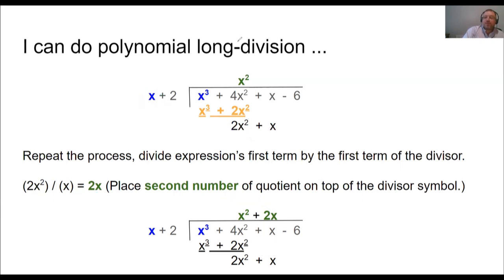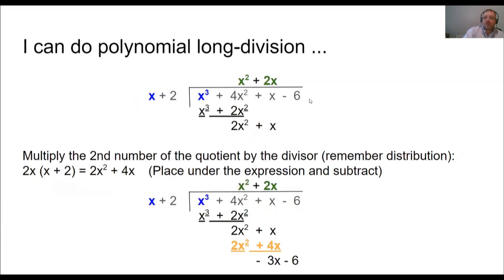So let's take a look here. What do I do next? Well, I continue the same steps I did before, but now I take this 2x and I multiply it by these. 2x times x is 2x squared. 2x times 2 is 4x.